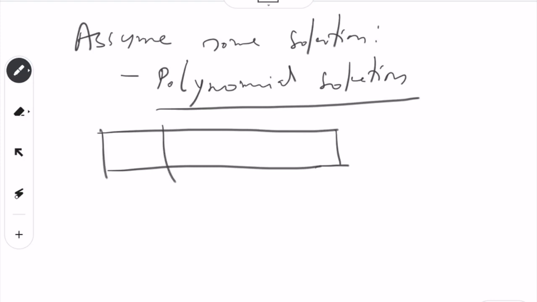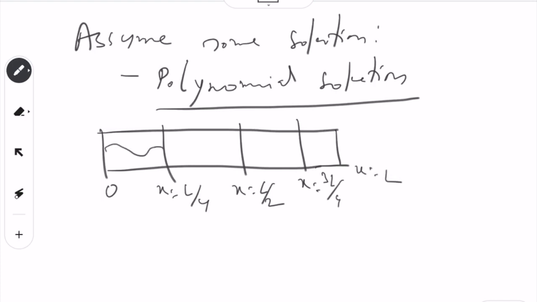Let us say we divide it into several parts, so maybe you have 0, x equal to L over 4, x equal to L over 2, x equal to 3L over 4, x equal to L, and you assume one polynomial for each part, a piecewise one.